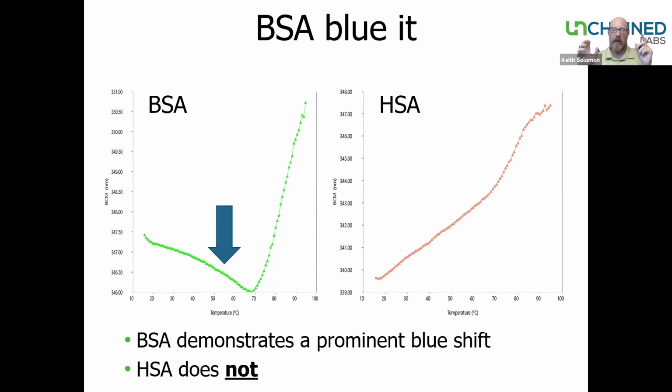And as you can see here, it's very clear that BSA demonstrates a beautiful blue shift, while HSA does not. HSA has a really prominent red shift without the blue shift that BSA possesses. That suggests that that surface exposed, that solvent exposed tryptophan is playing a huge role in the blue shift emissions profile of bovine serum albumin.